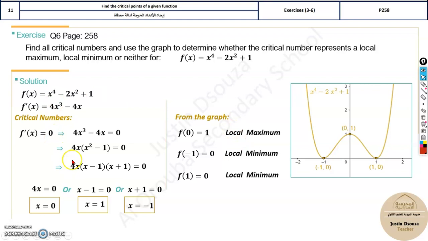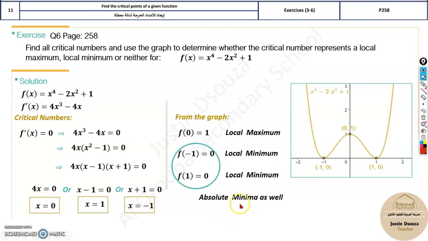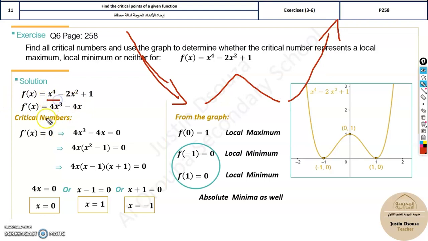Similarly, you can solve the other problems. We have already done such problems before. And this is the absolute minimum as well. Why? Because the graph came down, then went up and then came down and up again. If you understand x to the power 4, it is like a quadratic parabola, but with some dips and turns in the middle.